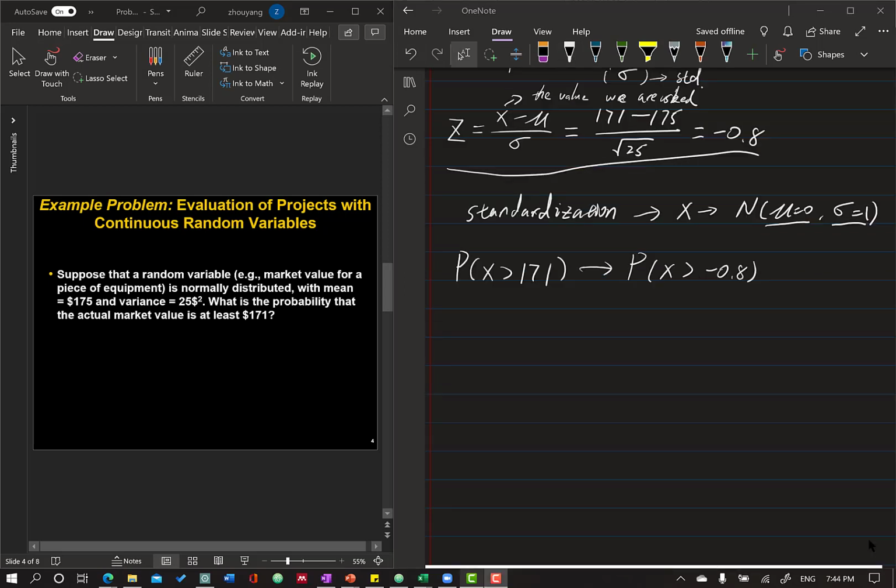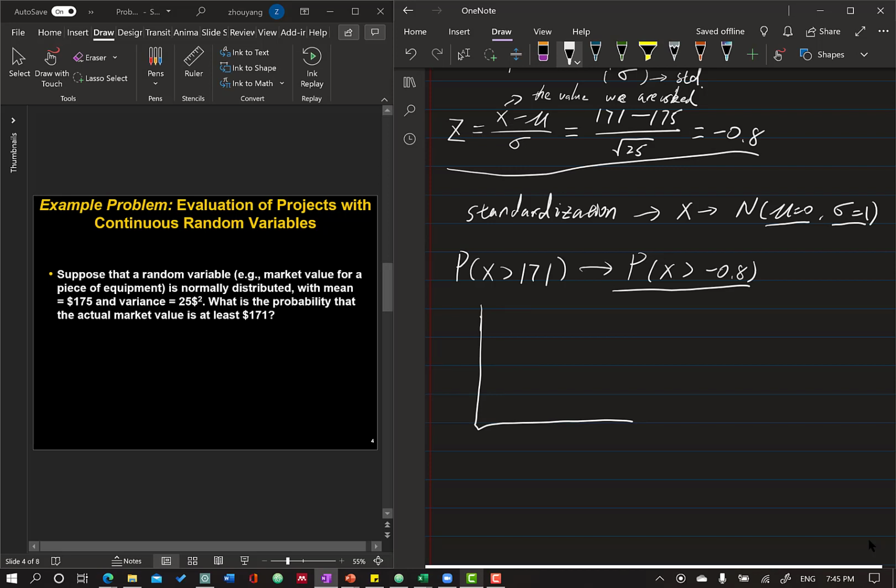To find this value using the appendix from the textbook, we need to do some further conversion. Let me show you a graph of why.